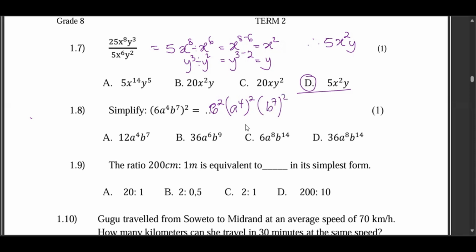The rule, what does it say? Here the 6 becomes 36, which is okay. Then the power to the power, we multiply the powers. So here becomes a to the power 8, then b to the power 14. Do we have any number that looks like this? Yes, it's here. So the answer here became D.